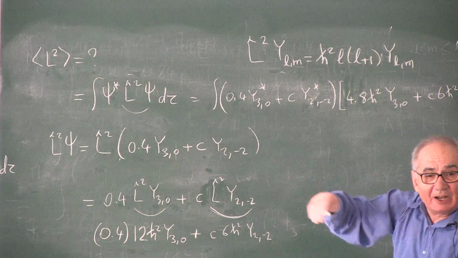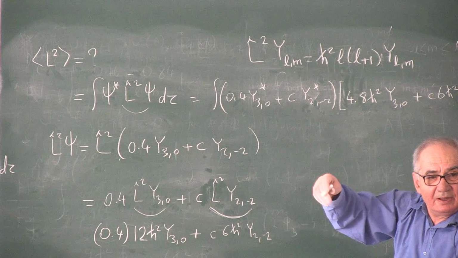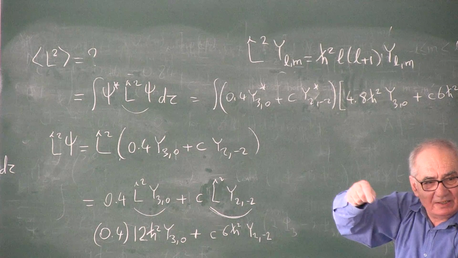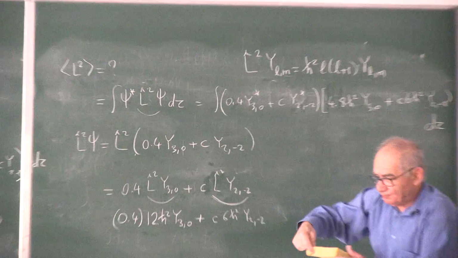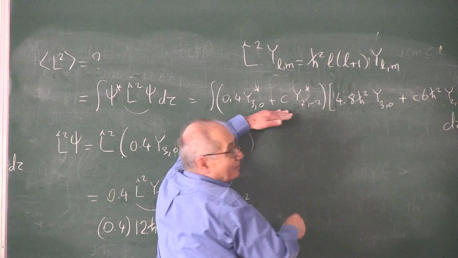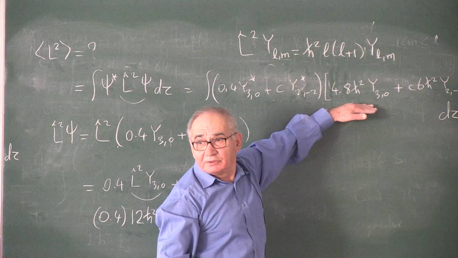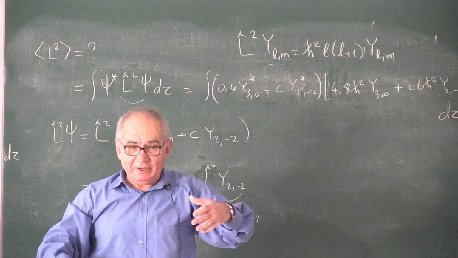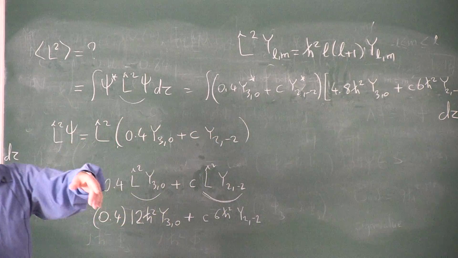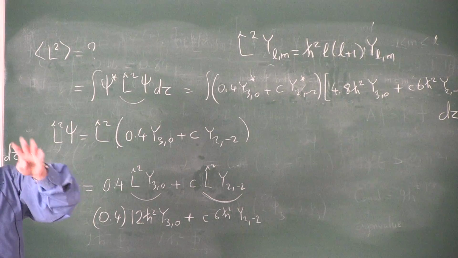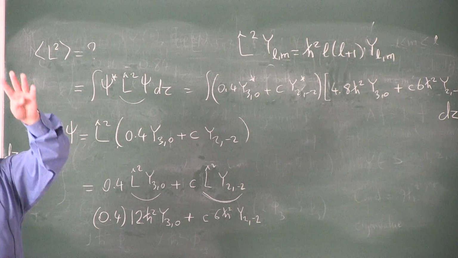Now the problem becomes similar to what we did in normalizing the function. How many terms are there here? 2 terms added. Also 2 terms over there. When you expand, how many integrals are you going to obtain? 4 integrals when you expand.